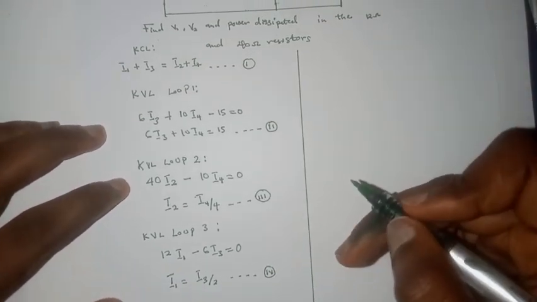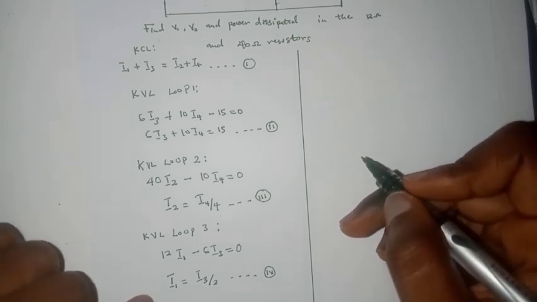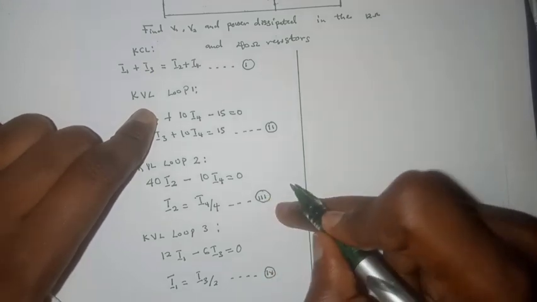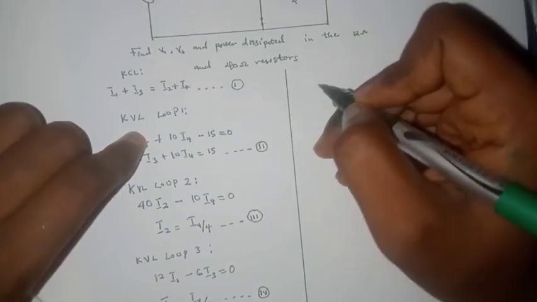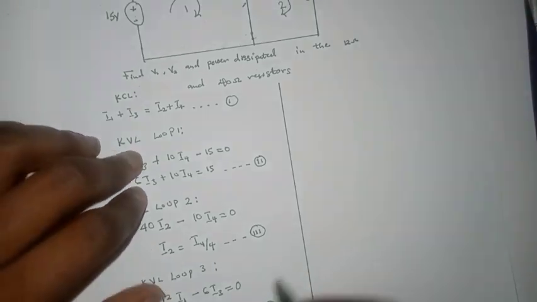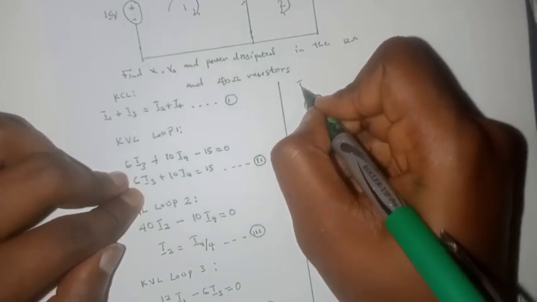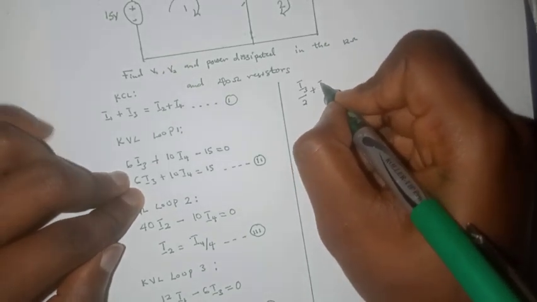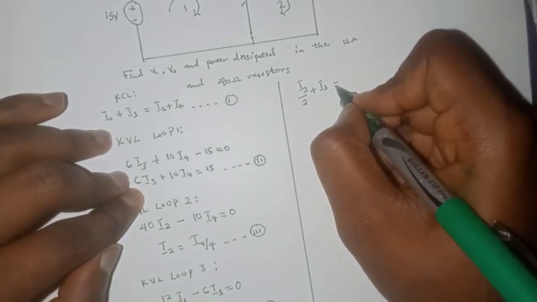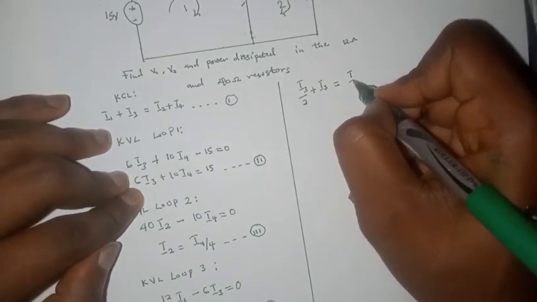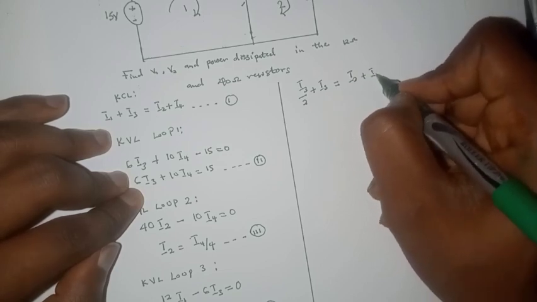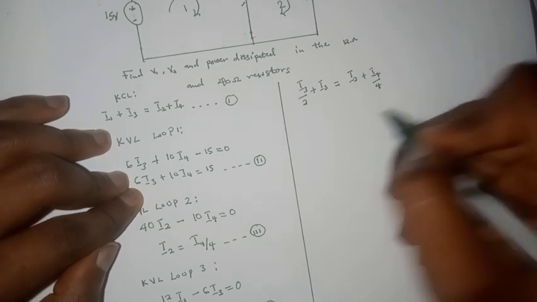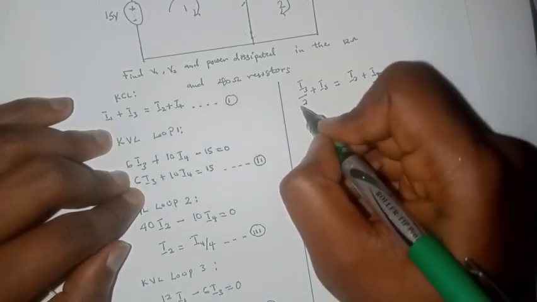Okay, so we can go back, we can substitute our third equation and our fourth equation in the first equation, and that will give us I3 divided by 2 plus I3 equals I2 plus I4 divided by 4. And then we can multiply through by 4.